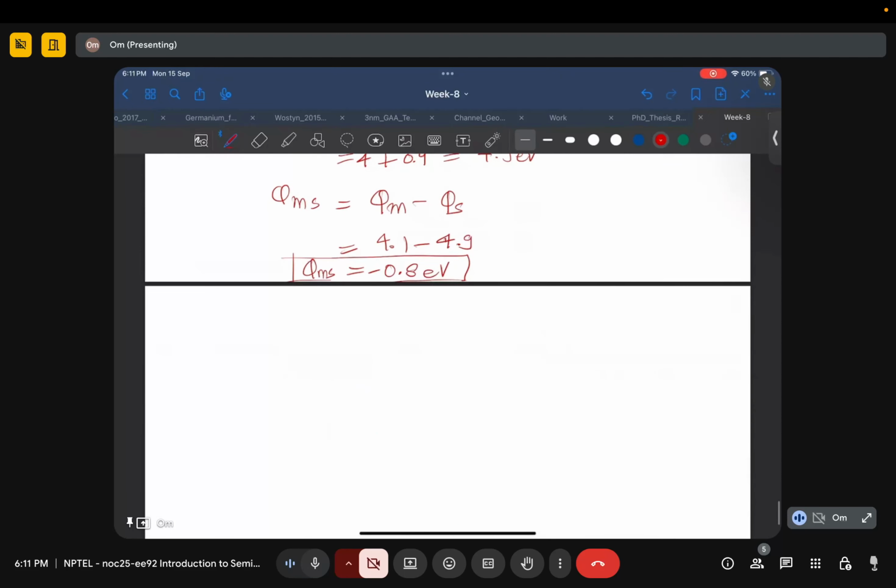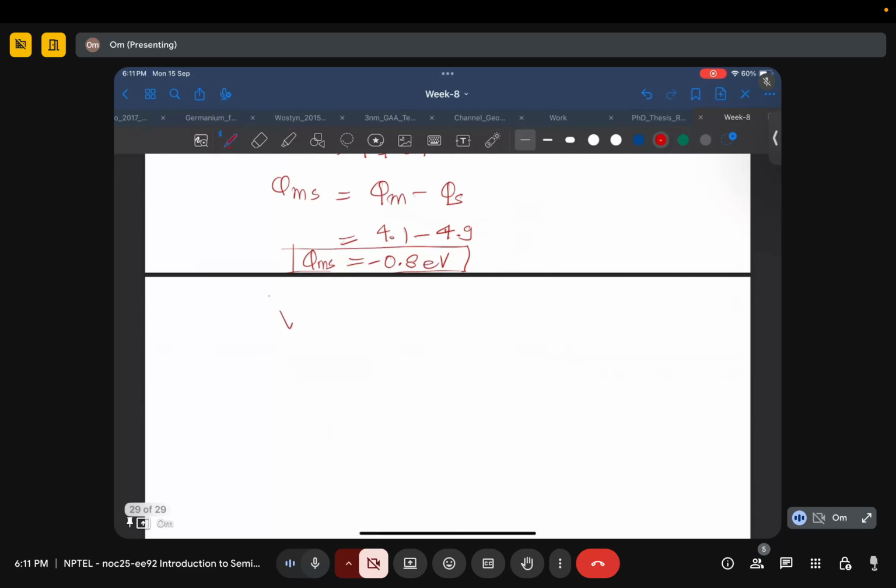Now we know the flat band voltage VFB. Okay, so let me write it as VT equals phi ms minus QF by Cox plus QD by Cox plus psi s.